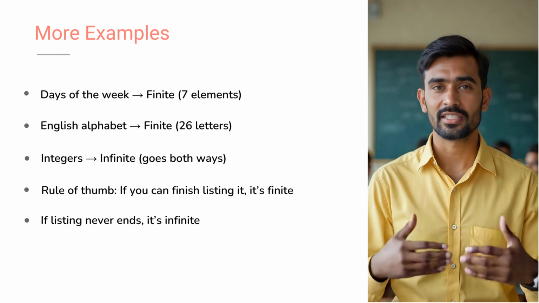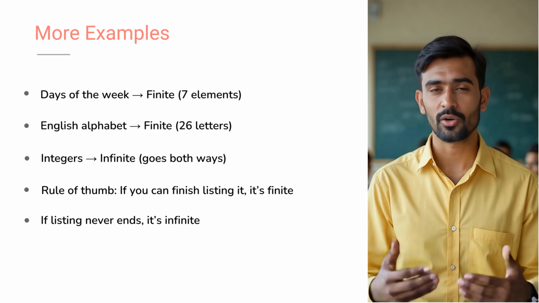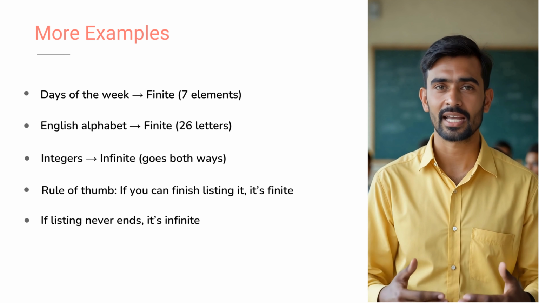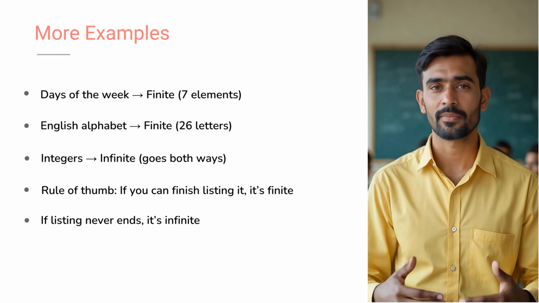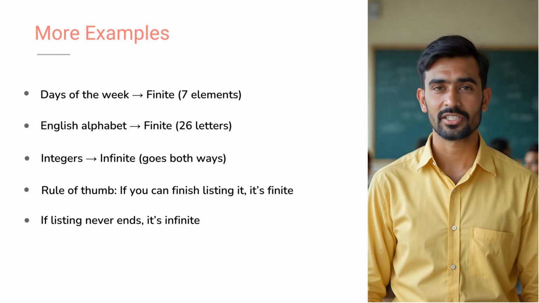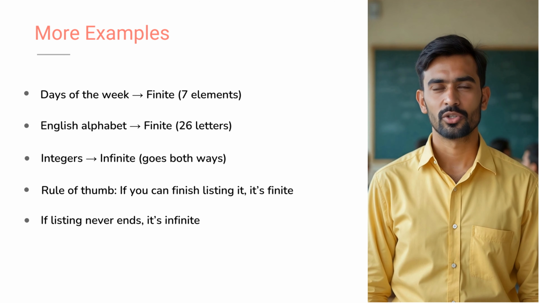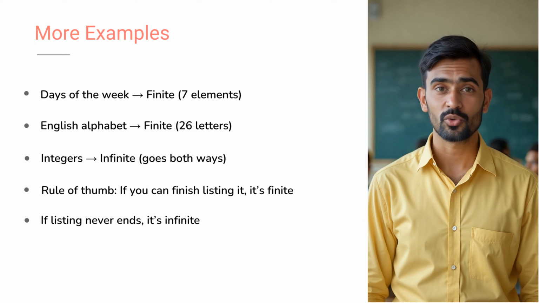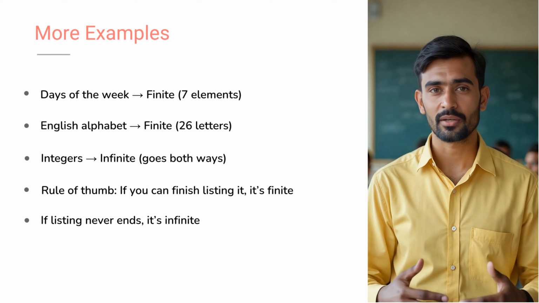Now, consider the set of perfect squares C = {x | x = n², where n belongs to natural numbers}. This defines numbers like 1, 4, 9, 16, and 25, all square numbers. The rule tells you how the elements are formed.